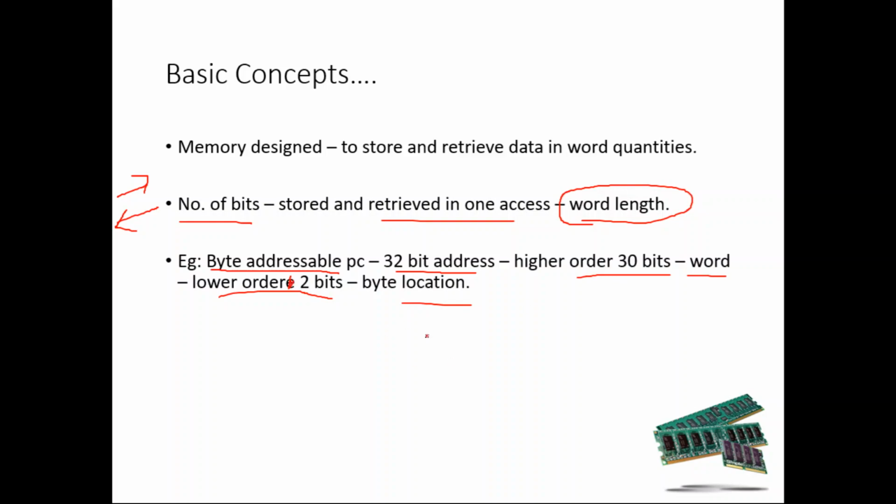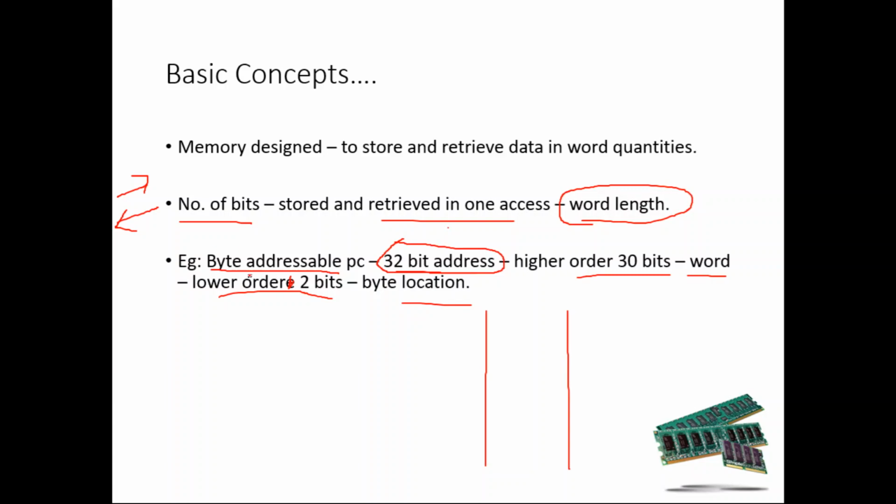What do you understand by this? A 32-bit address means it is byte addressable with a 32-bit address. So basically it means that the word size of the computer is 32 bits, that is, each word occupies 32 bits.